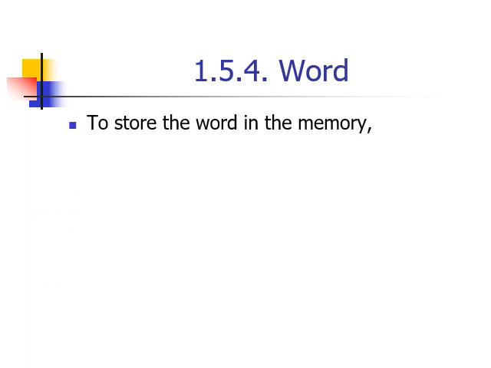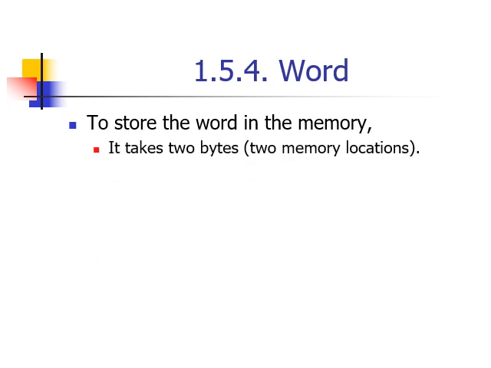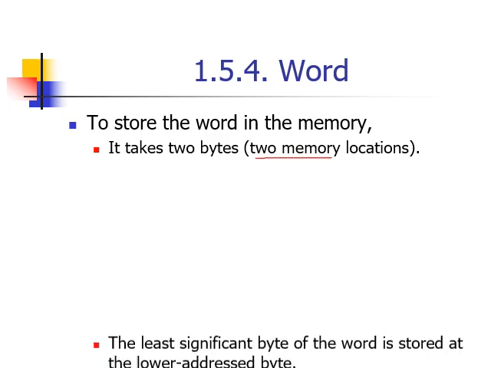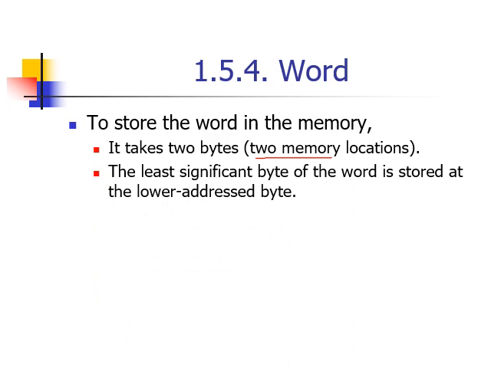Okay, to store the word, each number needs 2 bytes. So there are 2 different methods you can do this, because bytes in your memory are assigned addresses. So you have 2 bytes.